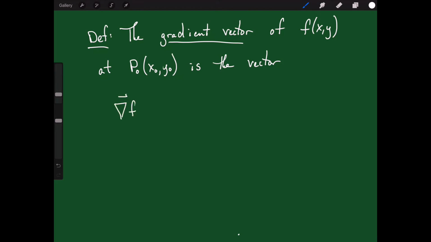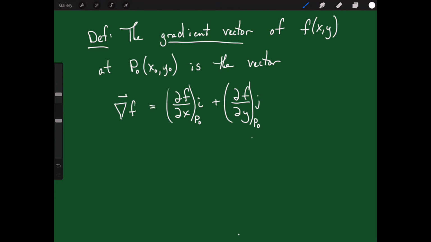Gradient of f is equal to the partial of f with respect to x, i, plus the partial of f with respect to y, j. And that's specifically at the point p sub 0. So if I wanted to make it very clear that that's at p sub 0, I could write it this way: evaluated at p sub 0. So this is what I call the gradient vector.